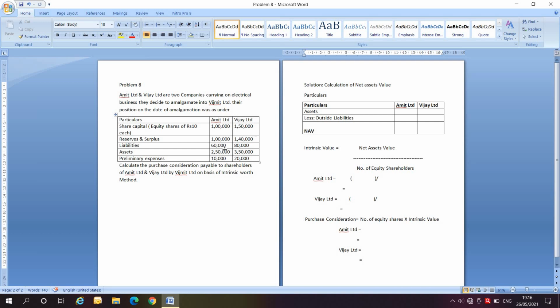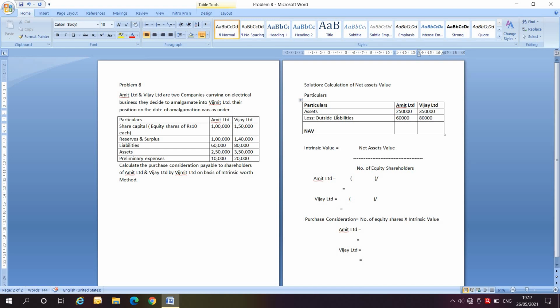Assets for Amit Limited is 2,50,000 and for Vijay Limited it is 3,50,000. Less outside liabilities: 60,000 for Amit Limited and 80,000 for Vijay Limited.